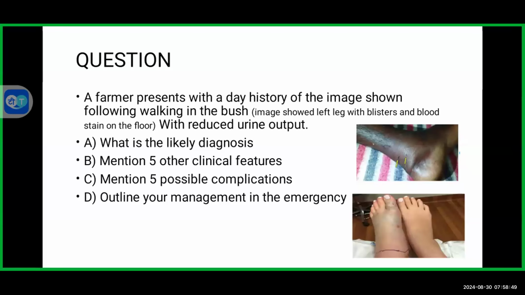Any comment from our teachers? Dr. Dahatu, any comment? This is your area. Yes, good morning, ma. We can hear you. You can go ahead, please.